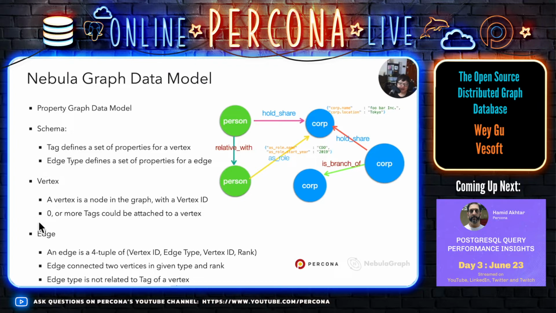And how about the vertex and edge? For a vertex, how we distinguish the identity of a vertex, we just use a vertex ID. And to attach the properties, we create different tags, and different tags have different sets of properties, right?